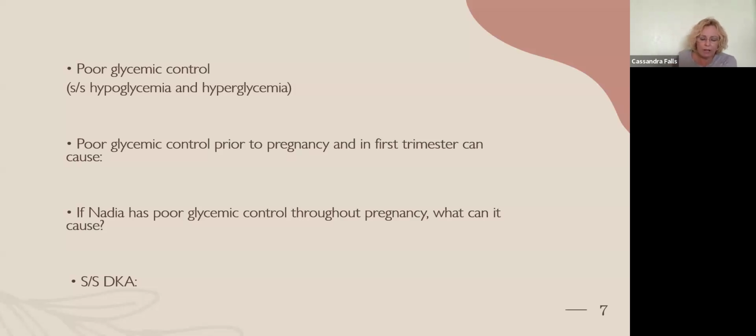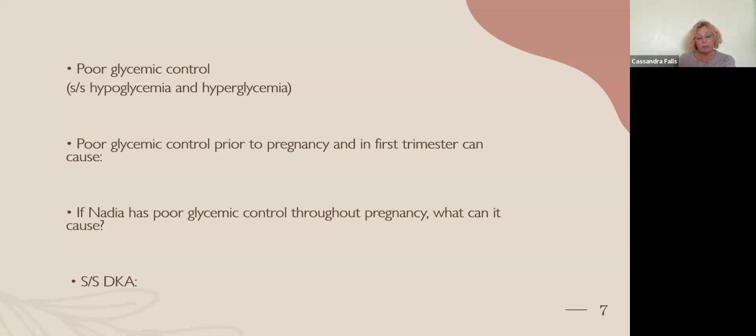If you have uncontrolled glycemic index early in your pregnancy, the fetus is at risk of birth defects. You are at risk of miscarriage of that baby and growth anomalies. And when we say growth anomalies, you can either have a baby with macrosomia or intrauterine growth restriction.